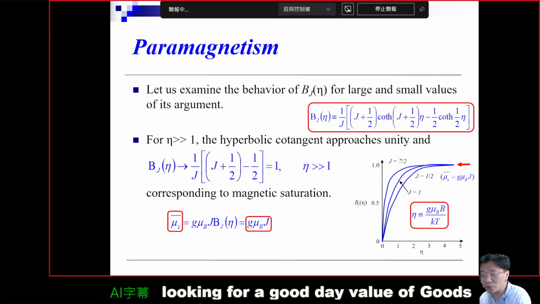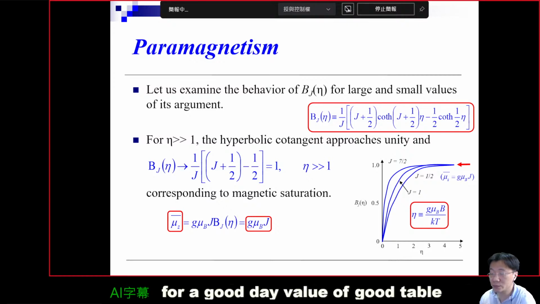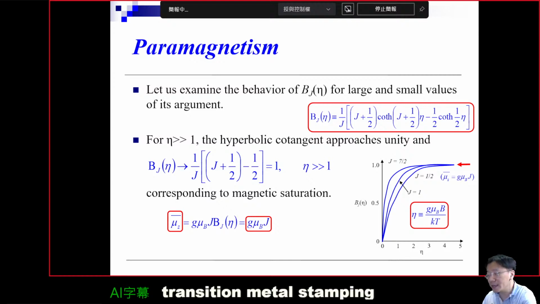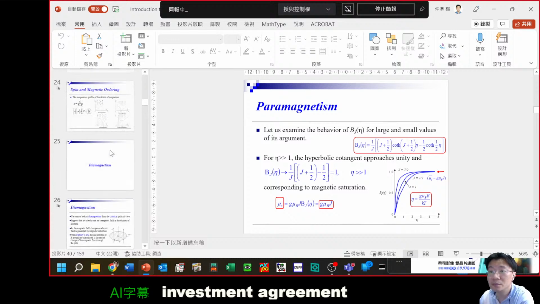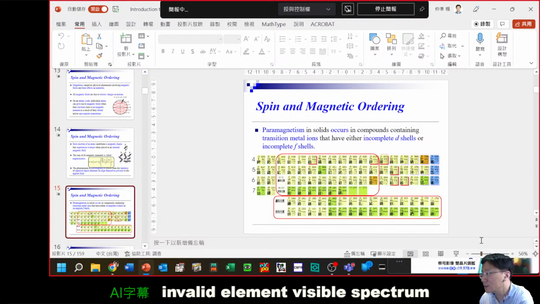Of course, we just talked about the elements in the 3d transition metals, but you can also look for magnets in the rare earth elements. So where are the rare earth elements? We will go back to the very early PowerPoint slide here.